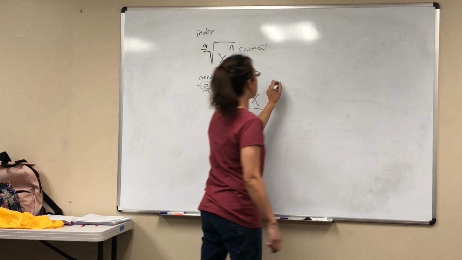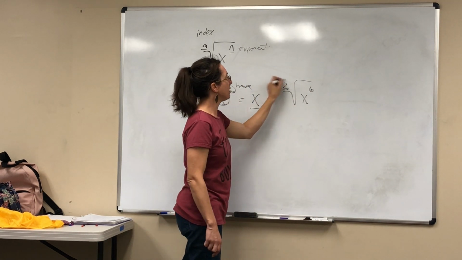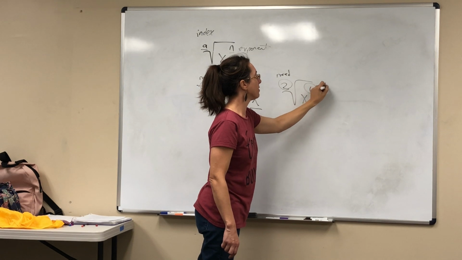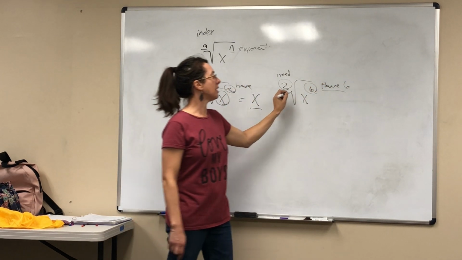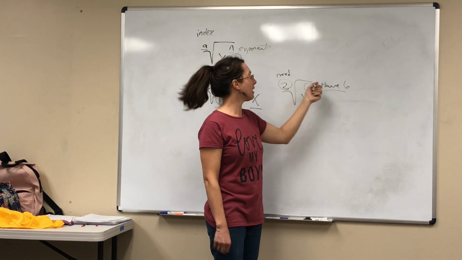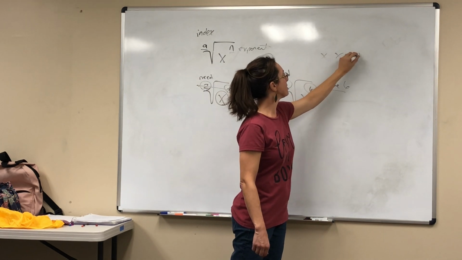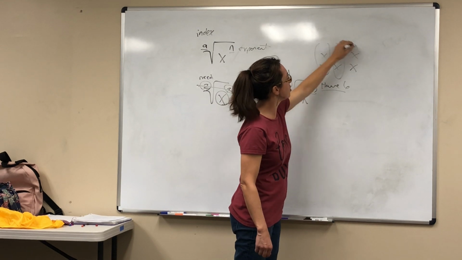So let's look at the square root of x to the 6. I need groups of 2. I have 6, so 3. Same as if we go back to elementary: I need groups of 2, I have 6 apples.